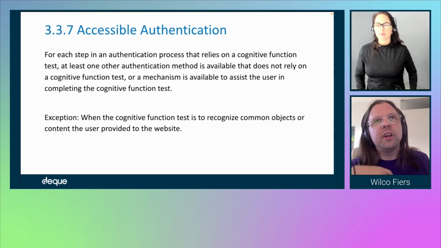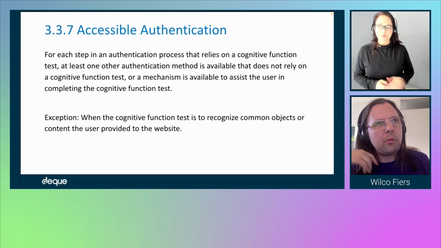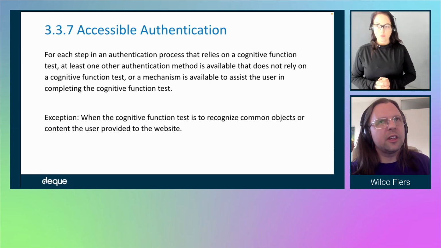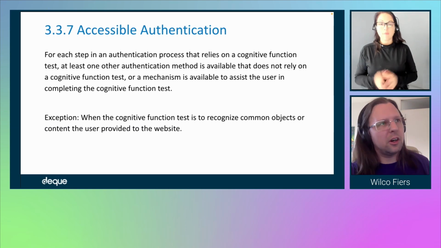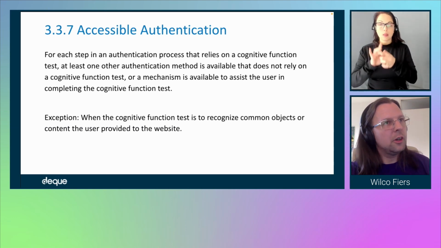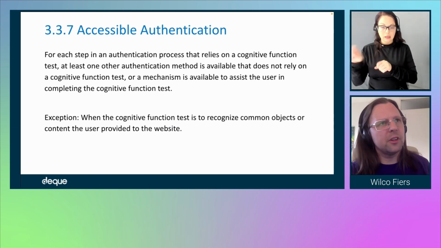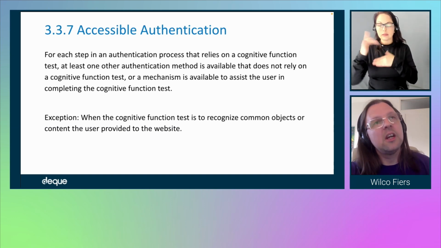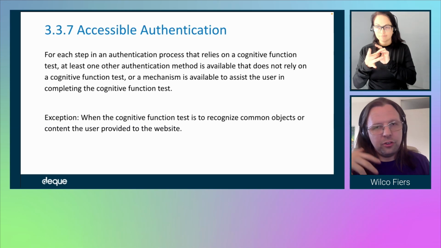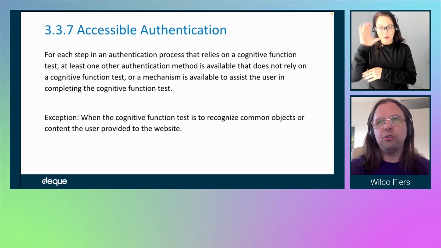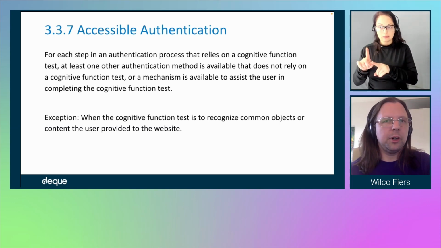Moving on to accessible authentication. For each step in the authentication process that relies on a cognitive function test, at least one other authentication method is available that does not rely on the cognitive function test. A cognitive function test, you can think of something like doing a calculation.